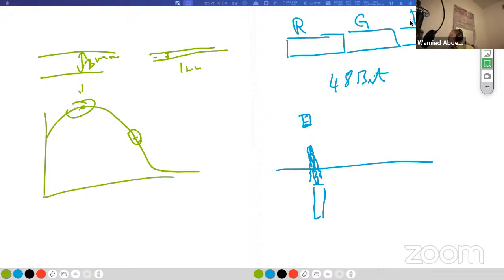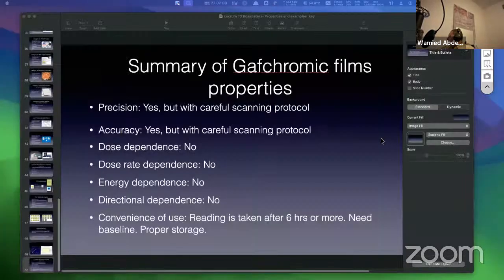So if we're doing our dosimetry using this, basically we have an image, or maybe I can just show you our work. I'm going to stop the recording now, and then we can continue.